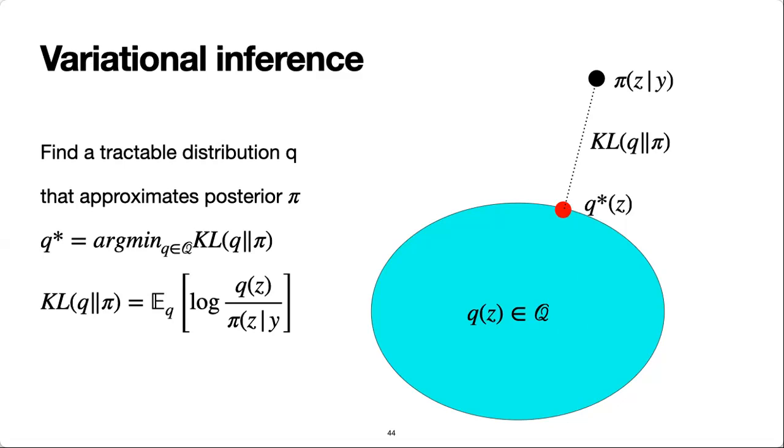And this is all very abstract, but this is the general notion of variational inference. And the way that we quantify how good a distribution is, we essentially measure the KL divergence from the true posterior to this approximating distribution.